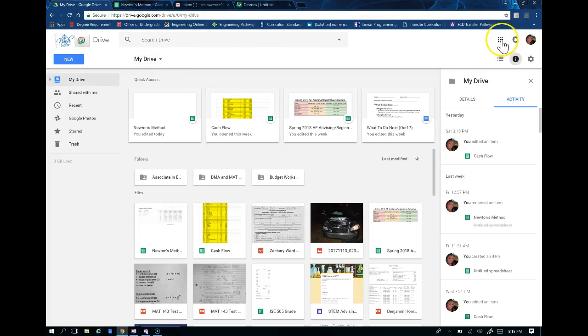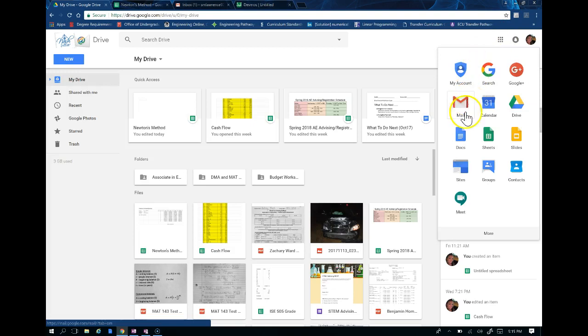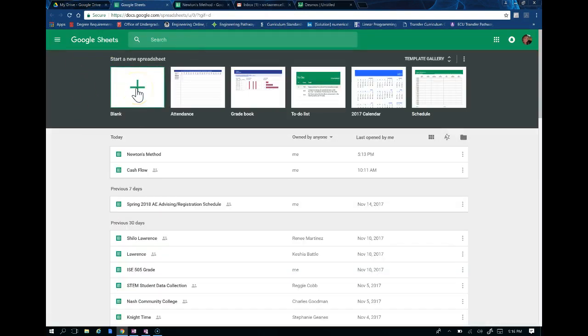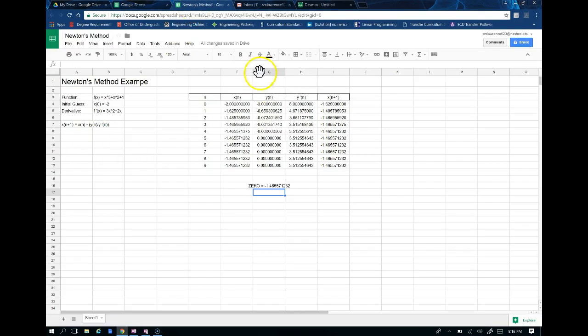In your email, you've got these little blocks up here in the top corner that are your Google Apps. You can click on Sheets and open up a Google Sheet. If you've never done that before, just click on a blank Google Sheet and it will open up that exact page that I have here. And you can run through this whole thing that I just made. And then when you're done, it automatically saves. You can see right here it says all changes have been saved in Drive.